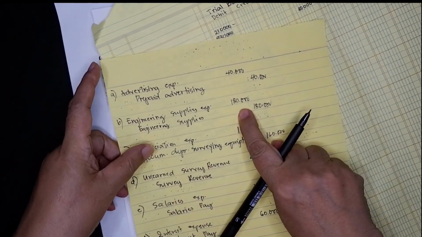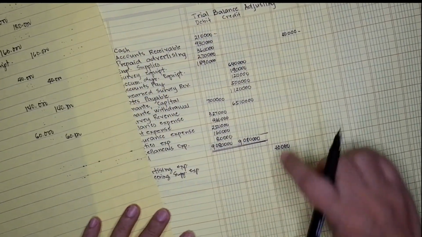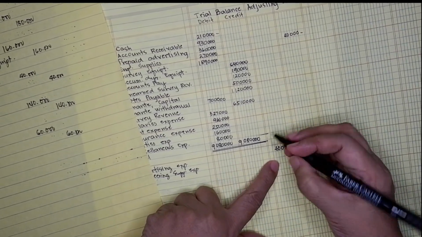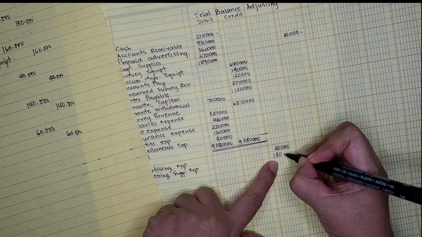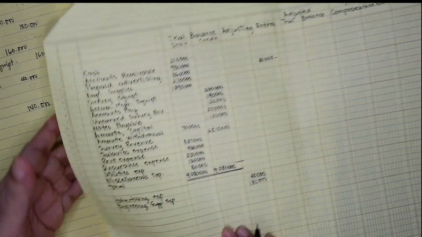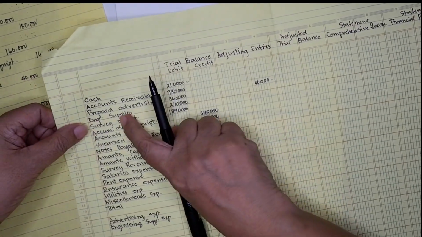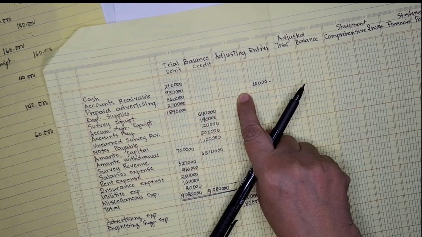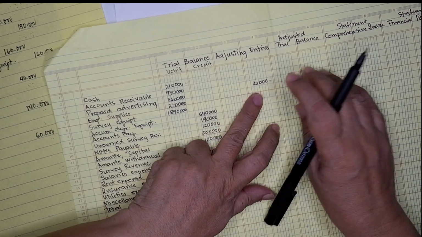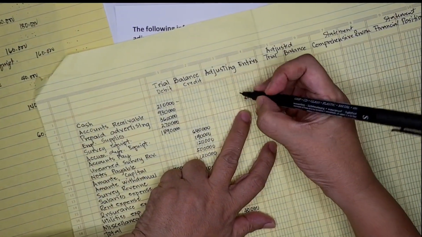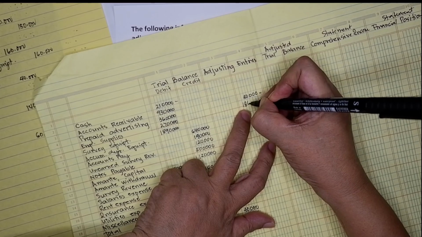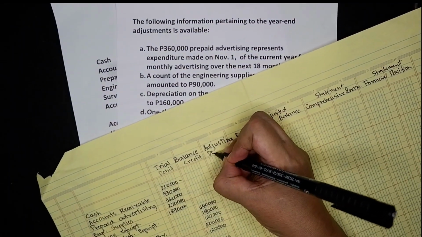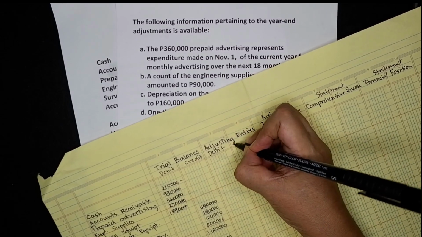That is 180,000, on the debit side. And we already have engineering supplies. This is an asset, so it is credit. Again, on the credit side, we have 180,000. Let us have here debit, credit.